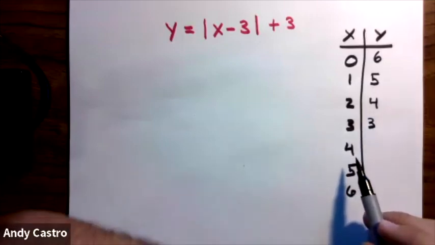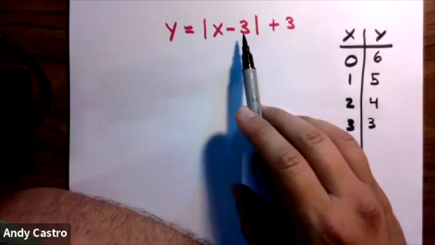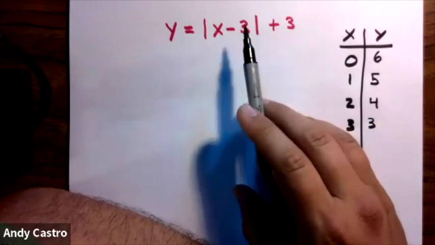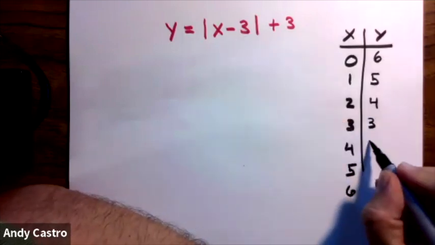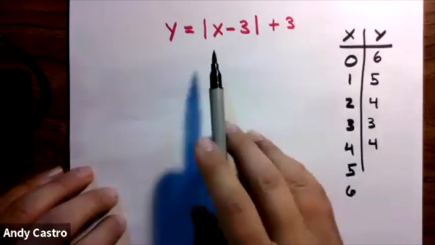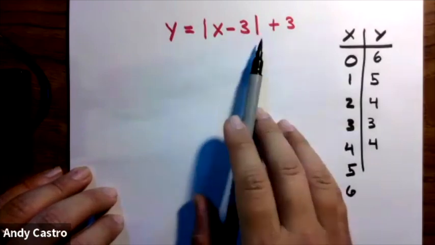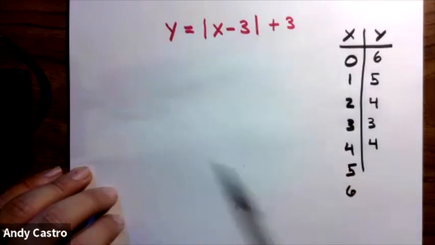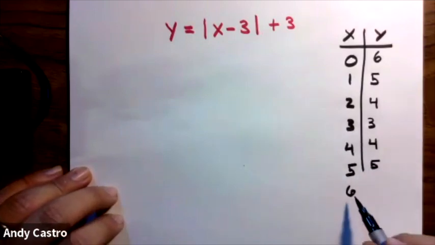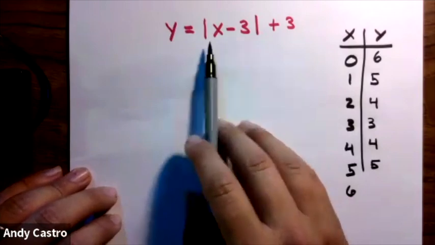Now let's do 4. 4 minus 3 is 1. Absolute value of 1 is 1. 1 plus 3 is 4. Now 5. 5 minus 3 is 2. Absolute value of 2 is 2, plus 3 is 5. Now 6. 6 minus 3 is 3.